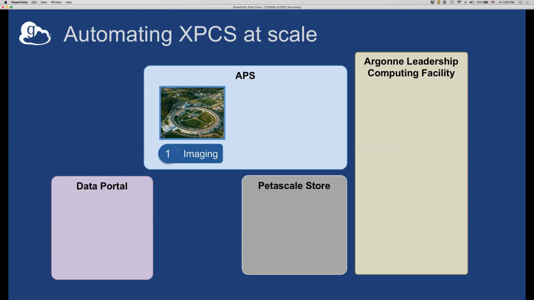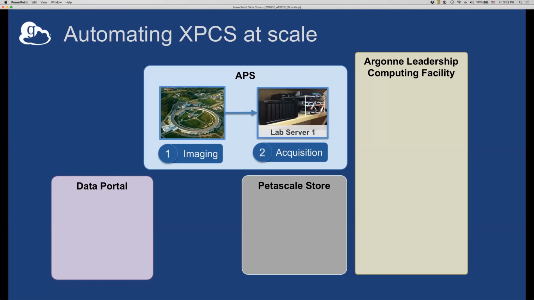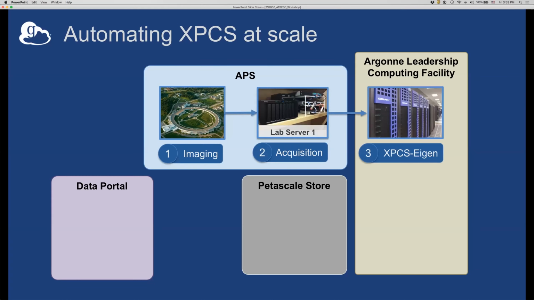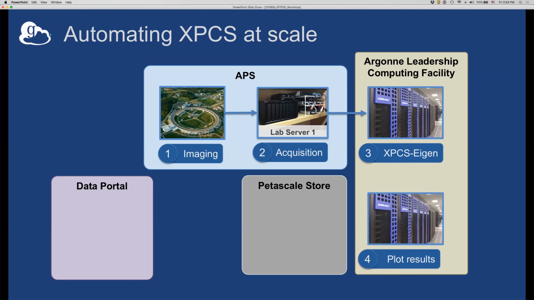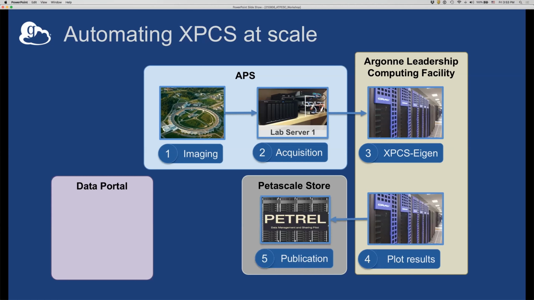The scientists are putting material samples through a light beam and they're acquiring some data that they then send back to the ALCF, where they run some codes to do a correlation of the time series of images that they're taking of those samples, and generating plots of the results.